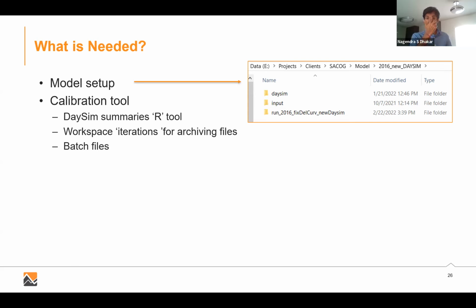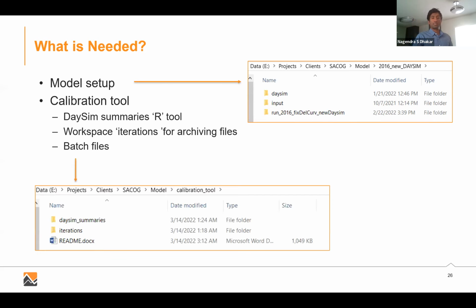And this is the setup we have for the latest SACSIM model, where you have the DaySim folder, a separate folder for inputs, and then the last is where you have all your outputs produced for your scenario. That does include a few inputs, but most of the files in there are the outputs from a model run.